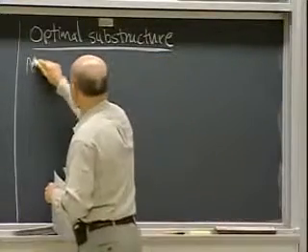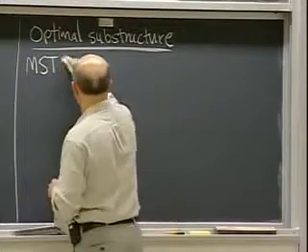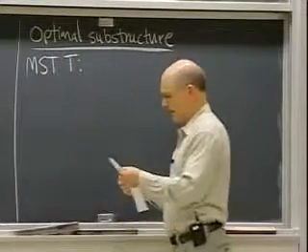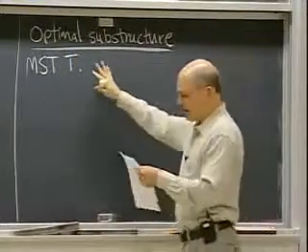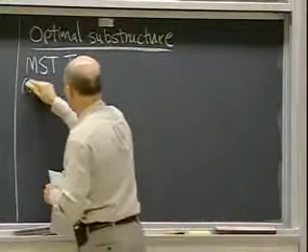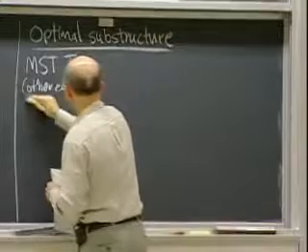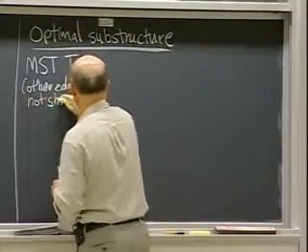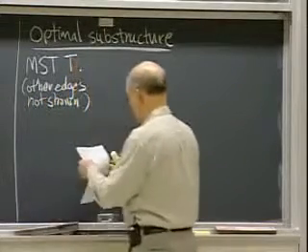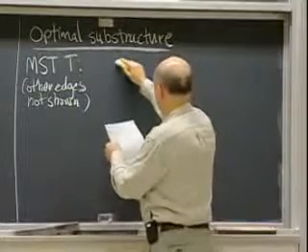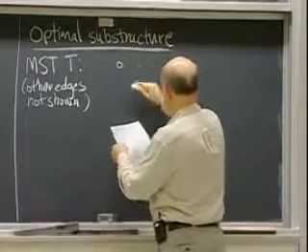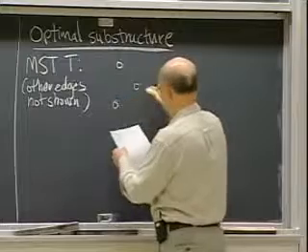So the setup is we're going to have some minimum spanning tree, let's call it T. Okay, so here's a graph.